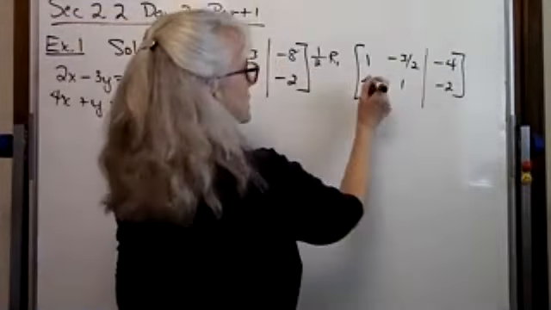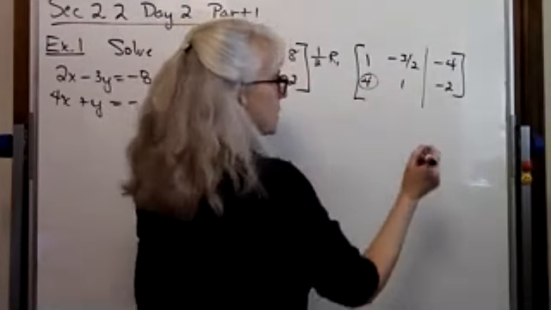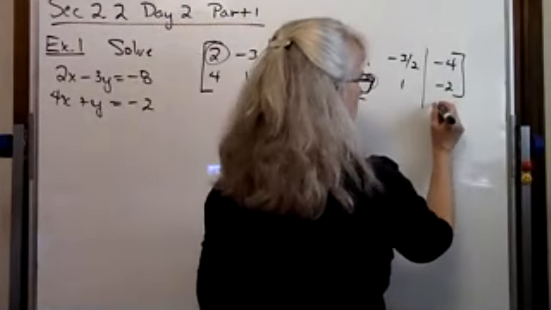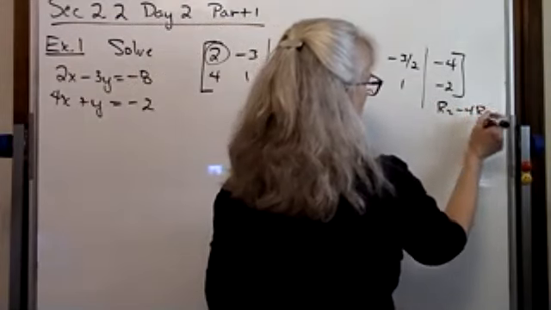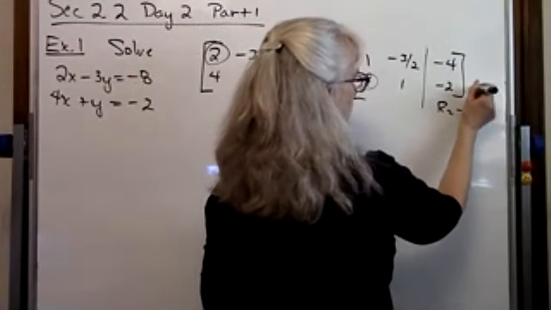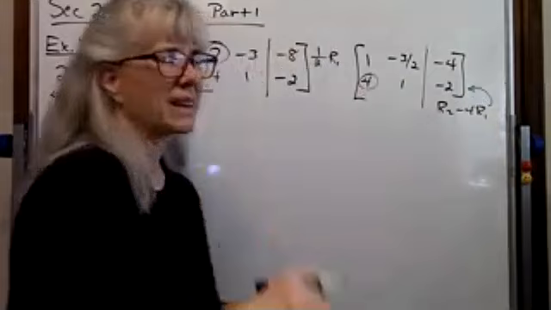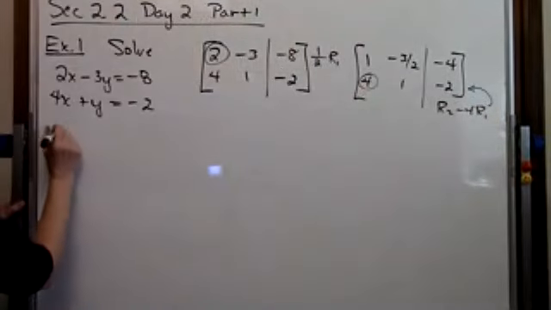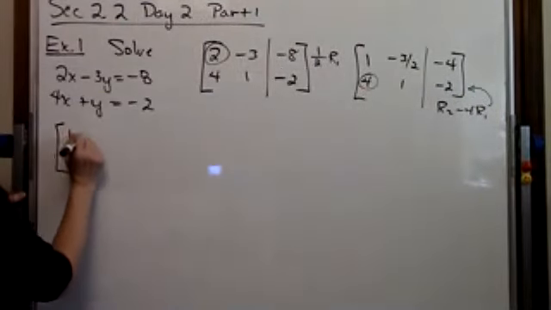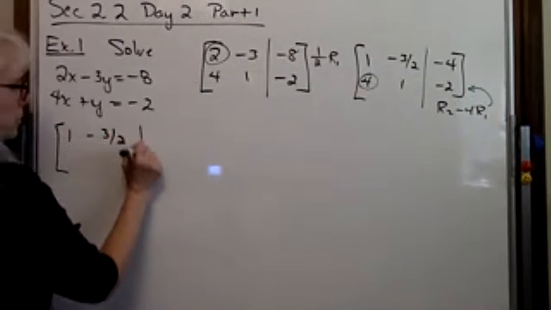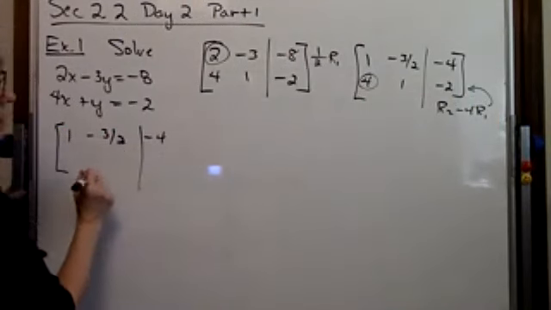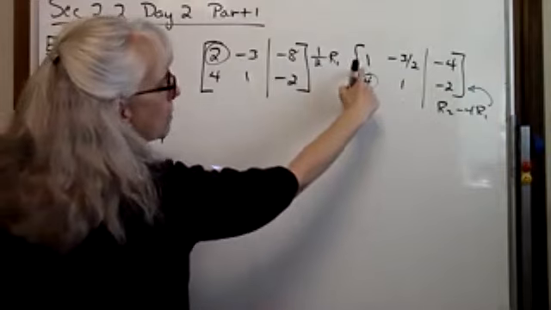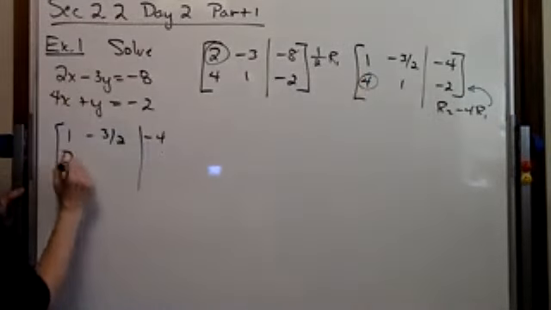The next goal is to get a 0 where the 4 is. So let's come in and take row 2 minus 4 times row 1. And again, I would write this right here, but the board is only so big. The first row is not going to change because we're not manipulating it. So we're going to take 4 minus 4, which gives me 0.